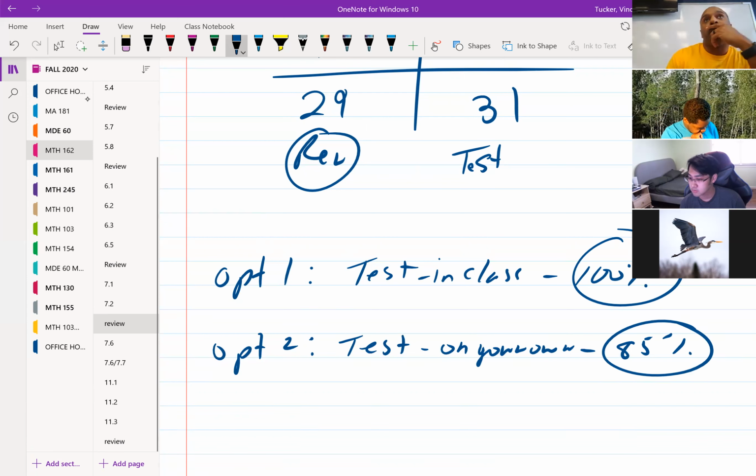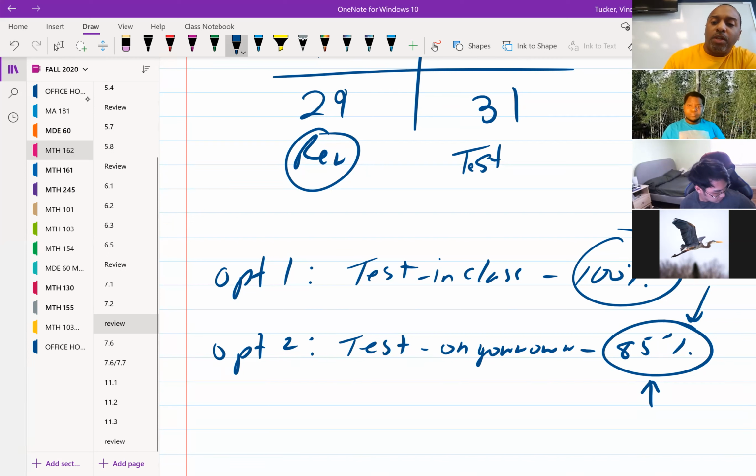Now, I have to do something like that to keep the integrity of the class, or the academic integrity, whatever you want to say. But 85%, the way my class is set up, will not stop you from getting an A out of the course. It's just something I have to implement if somebody were to audit my course and say, well, there's no real penalty for not taking it. So we have to put something in there to make it at least seem as if there was a proctored test and I gave you an option or ability to make it up.